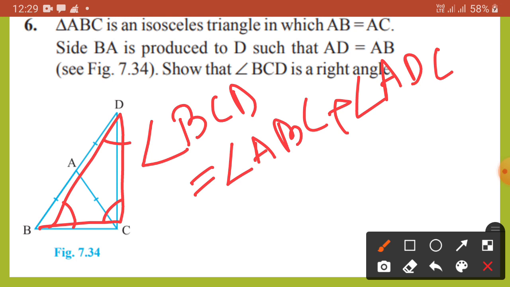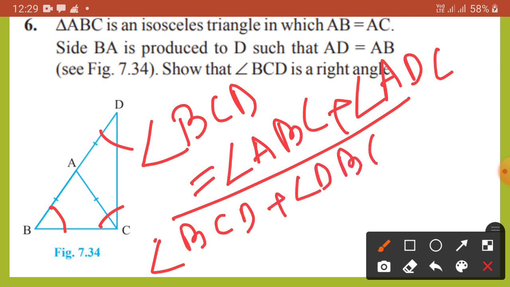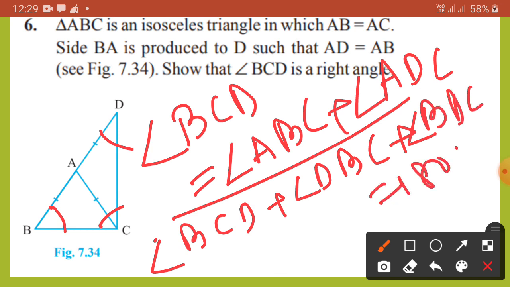So all these three angles give us 180 degree. So angle BCD plus angle DBC plus angle BDC equal to 180 degree.